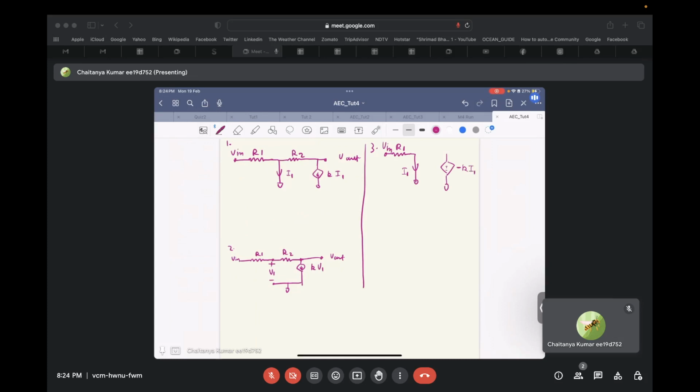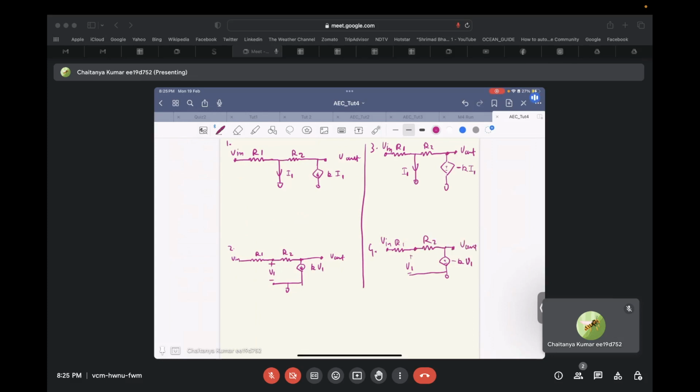So this is a current controlled voltage source, R2, and the output V out. And the fourth circuit is V1, minus K times V1, R2, and this thing.